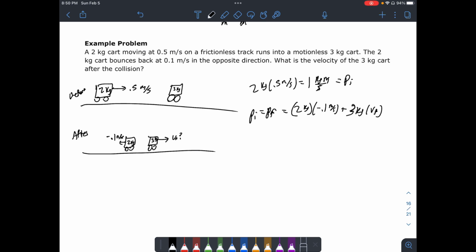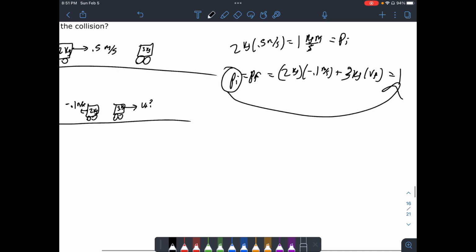And let's see, this is all equal to 1, by the way. That was our initial momentum of the system. We can multiply together with 0.2. I'm just going to add that over to the other side and go 3 kilograms times our V final equal to 1.2 kilogram meters per second.